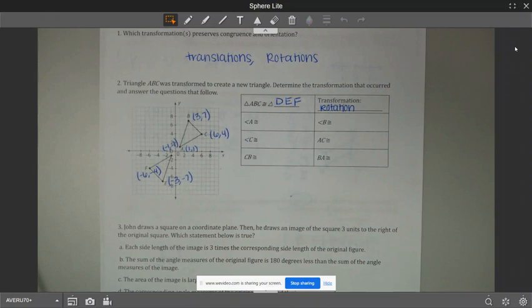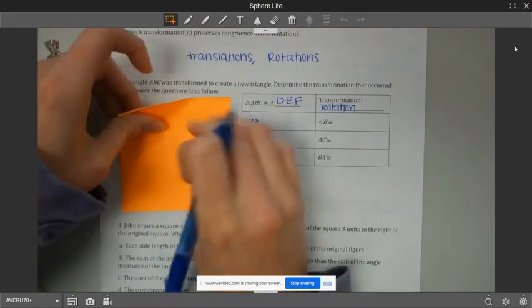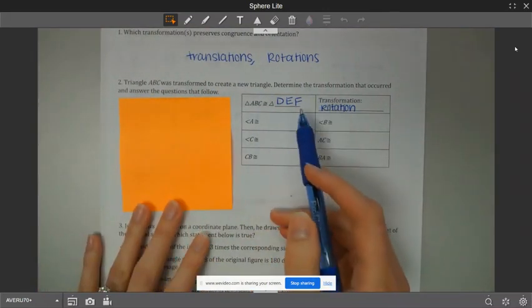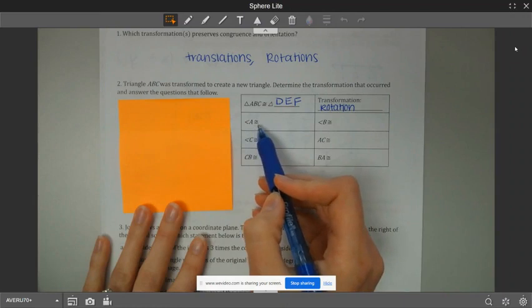Triangle ABC made DEF. Now, once we have decided that, do I care about the picture anymore? No, I do not care about the graph. As soon as you have written your congruency statement and you have the letters, the graph is no longer necessary. We are just going to be matching up the letters. So angle A is congruent to what?